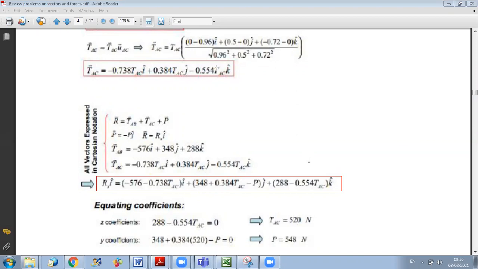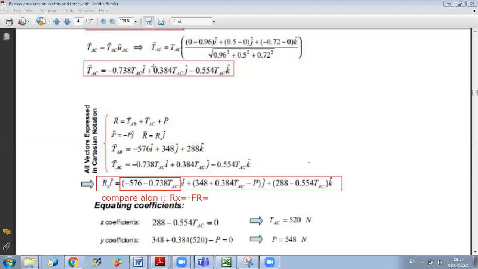But I will do it for you, okay? So if they ask you for Rx, you can find it. First, I will compare along I. This means I look at my equation. At the left side, what do I have along I? I have Rx. Or, if we are following our method, I have minus FR. It is equal to, from the other side, the component along I, which is minus 576 minus 0.738 TAC.